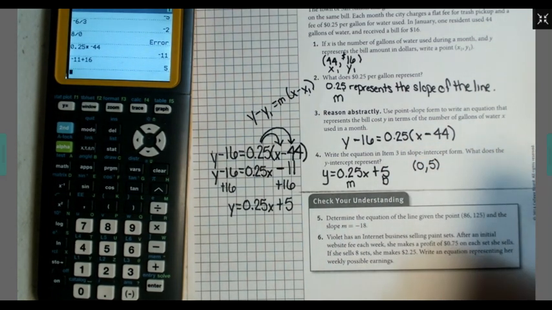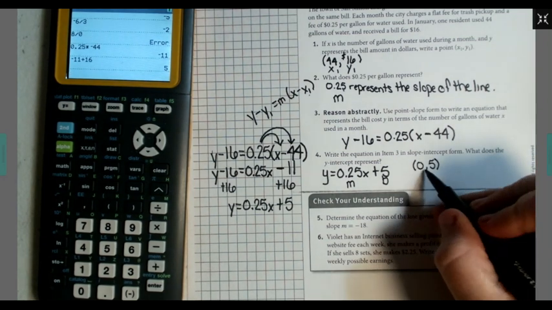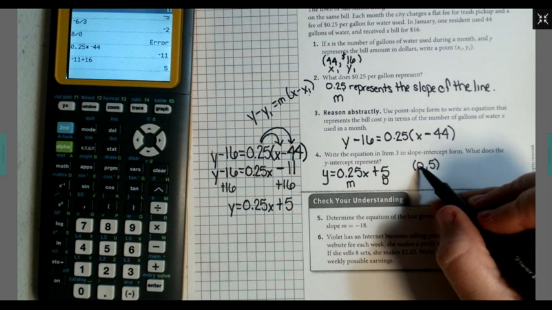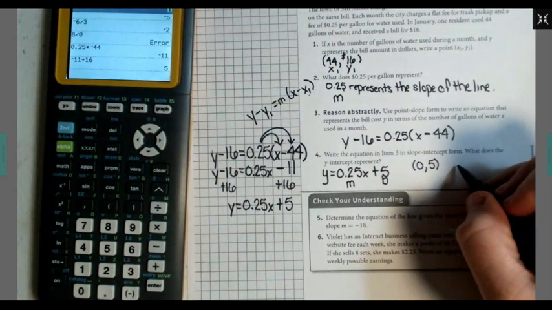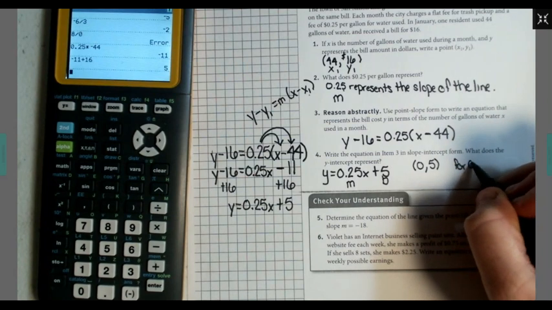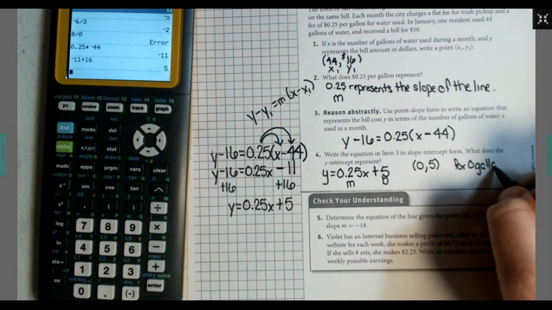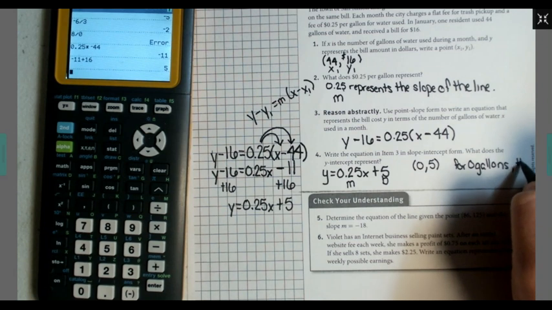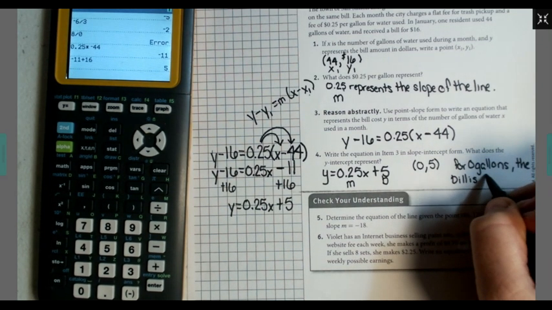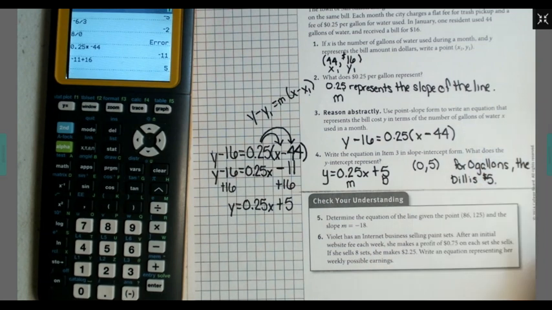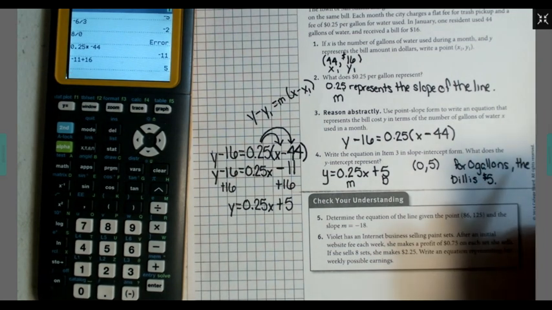What do we think that this 5 represents? Well, remember that 0 is x, and x represents gallons. So for 0 gallons, the bill is $5. What do we think that $5 means?